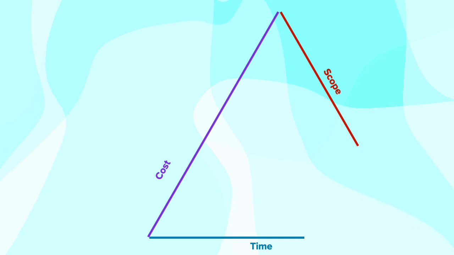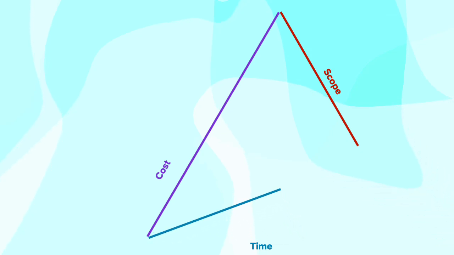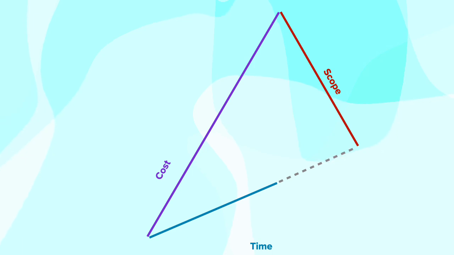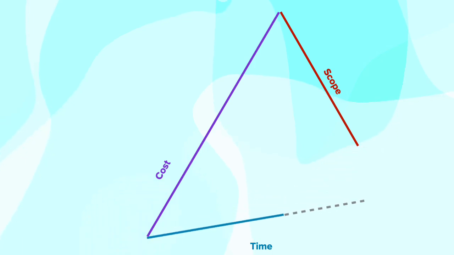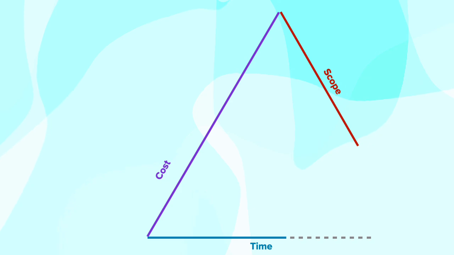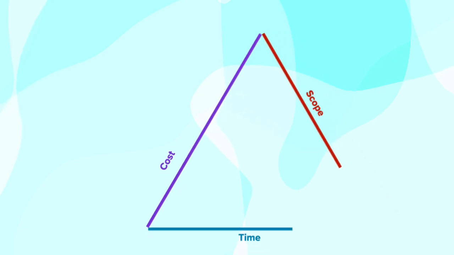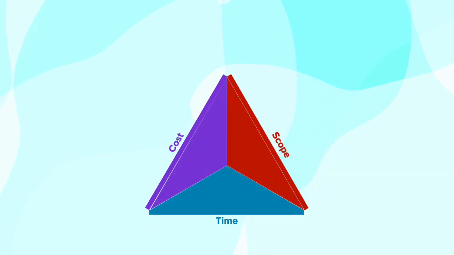So in this example, given the same scope, obviously, this is going to take much longer. And as time needs to be extended, the scope isn't going to change, but in order to maintain the same scope, as I've extended that here, you can see that even more time may be required just based on originally cost going up.